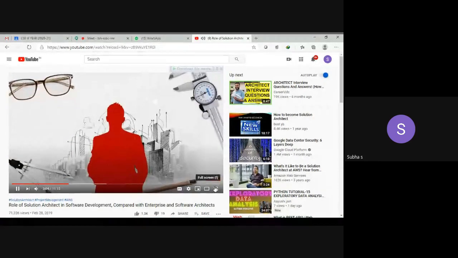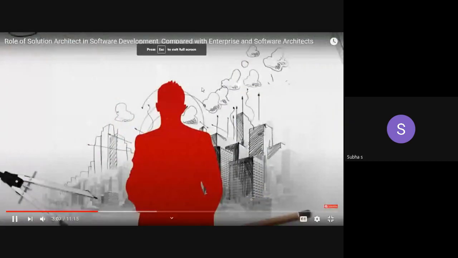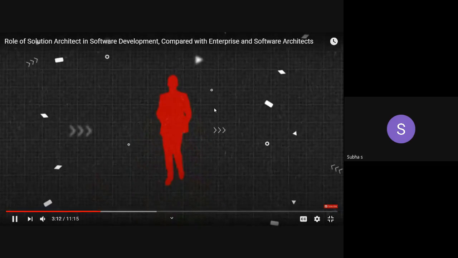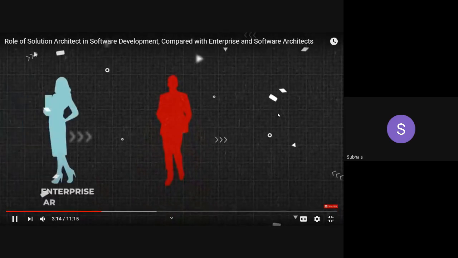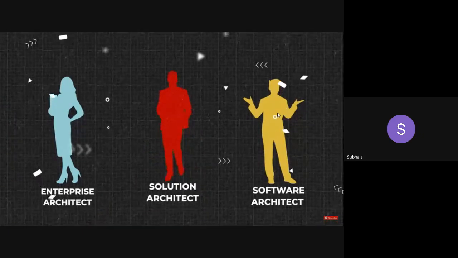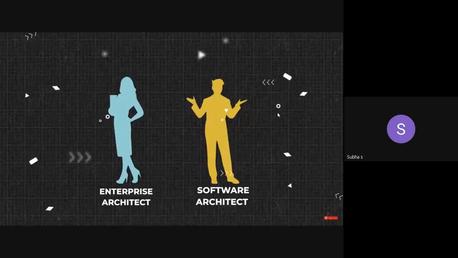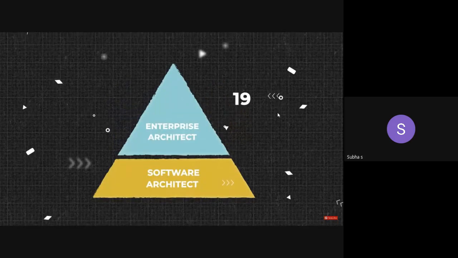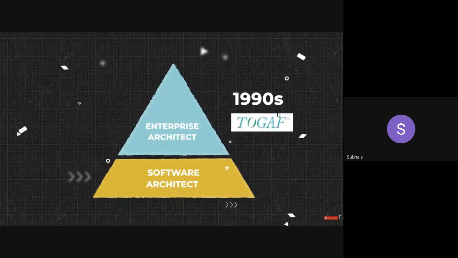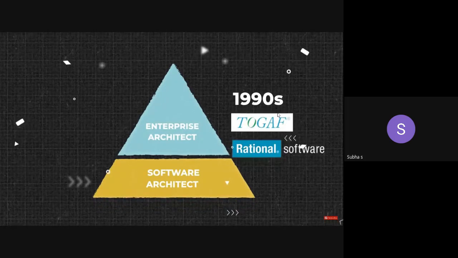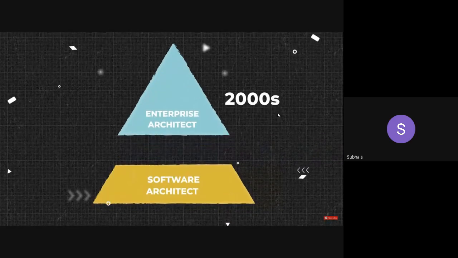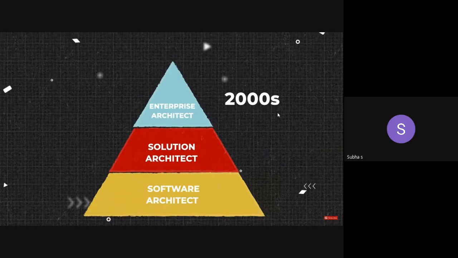Architects oversee the big picture without diving into low-level technical details. Today, we know 3 main roles related to architecture: enterprise, solution, and software architects. First, there were enterprise architects and software architects. Solution architects weren't initially recognized either in enterprise architecture frameworks like TOGAF or in software development ones like Rational. But sometime in the mid-2000s, the role emerged as a middle ground between a wide enterprise perspective and a narrow tech perspective.